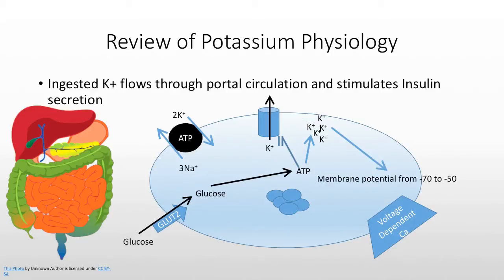And just as I've written here, minus 50 is the threshold for opening this voltage-dependent calcium channel. The calcium channel opens up, calcium moves in, and it stimulates the exocytosis of insulin. And that's how the insulin gets out of the beta cell.